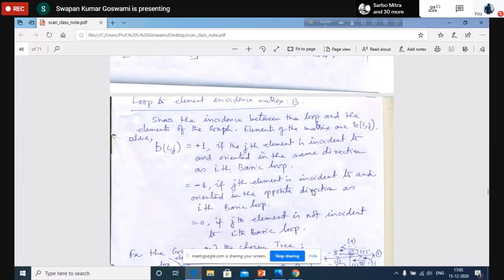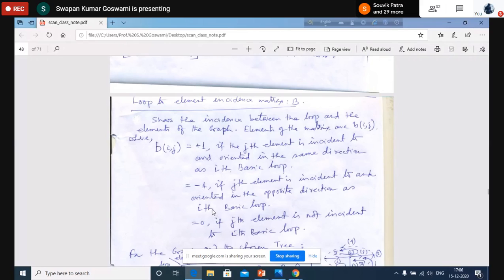So if the jth element is incident to and oriented in the opposite direction to the ith basic loop, then it will be -1. And it will be 0, obviously, when there is no incidence between them, when the jth element is not a part of the ith loop. So these are the three possible entries. Would you follow how to form the B matrix now?